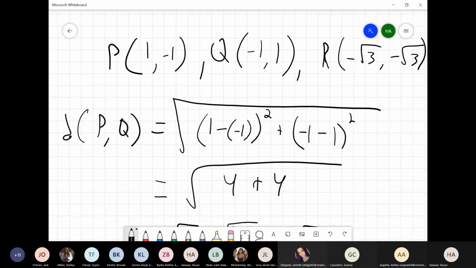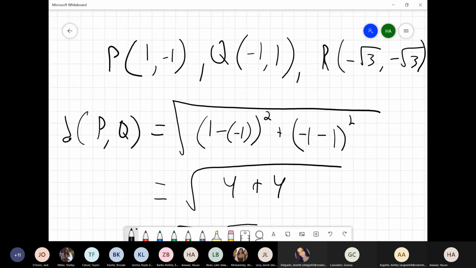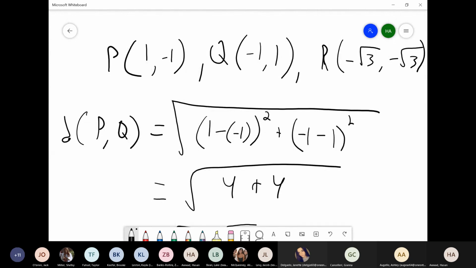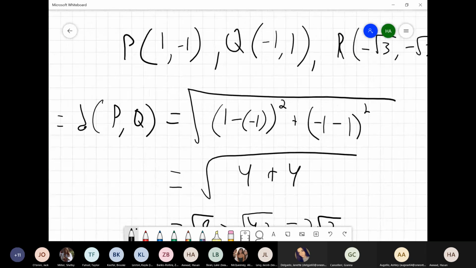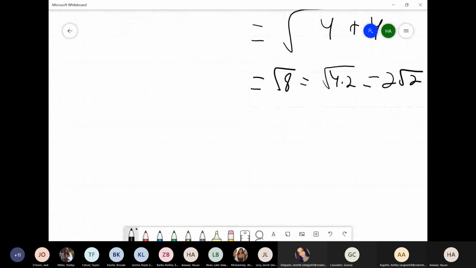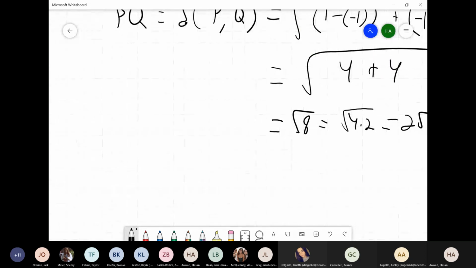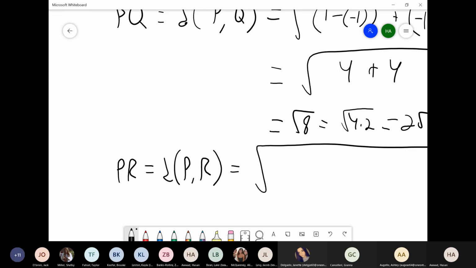Okay, so now we have to do 2 more legs and figure out if this is in fact going to be equivalent to anything else or not. So now let's do PR. So doing PR, let's see what we get. This is going to be side PR, which is the distance between points P and R. Once again, distance formula.